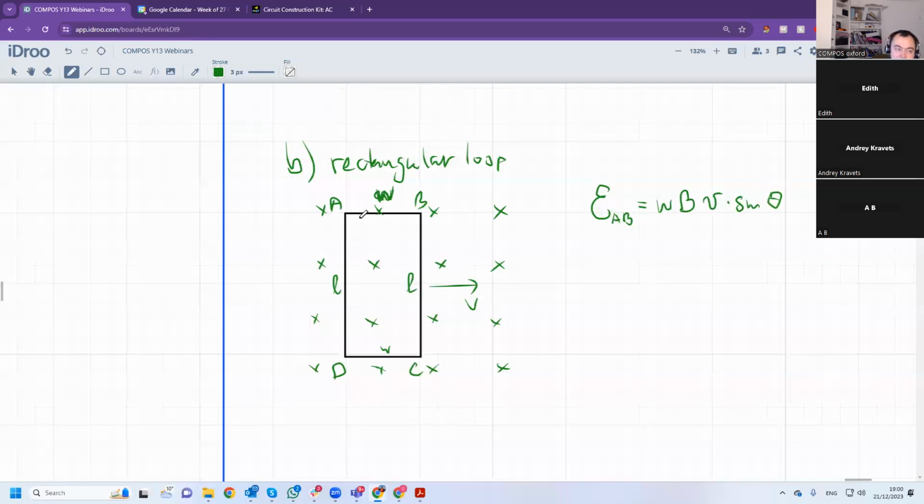But sine of the angle is 0. There's 0 angle between the velocity and the wire. Therefore, it is 0. The EMF in DC in a similar way is 0.